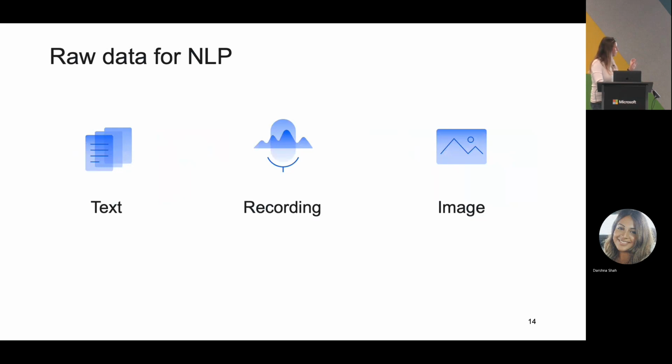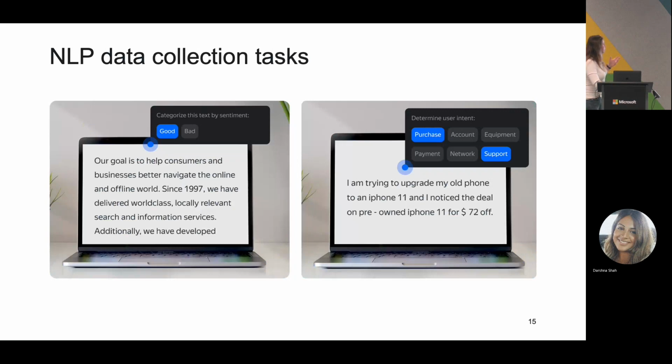If there is maybe a photo of something written, this text would have to be extracted. So these are usually our inputs. And I wanted to show you some annotation tasks that are popular for NLP. On the first one, we have an example of someone annotating a sentiment. So we give them a piece of text and we ask if it's positive or negative.